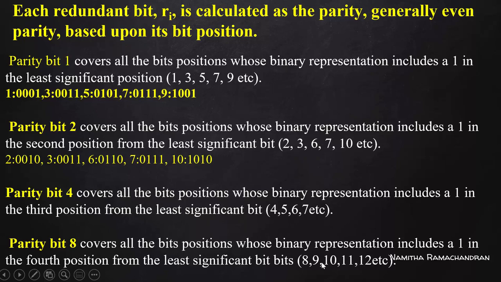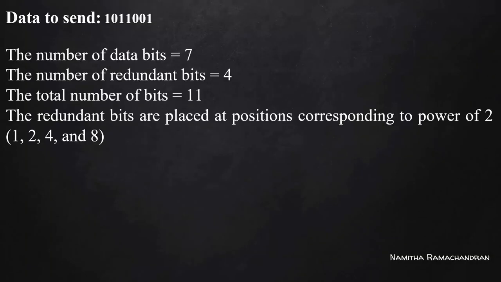So all these positions we need to consider for setting a value for parity bit 8. And follow this same principle for the remaining parity bits also. So here we can consider one example. After this explanation, the mechanism becomes easy for you.